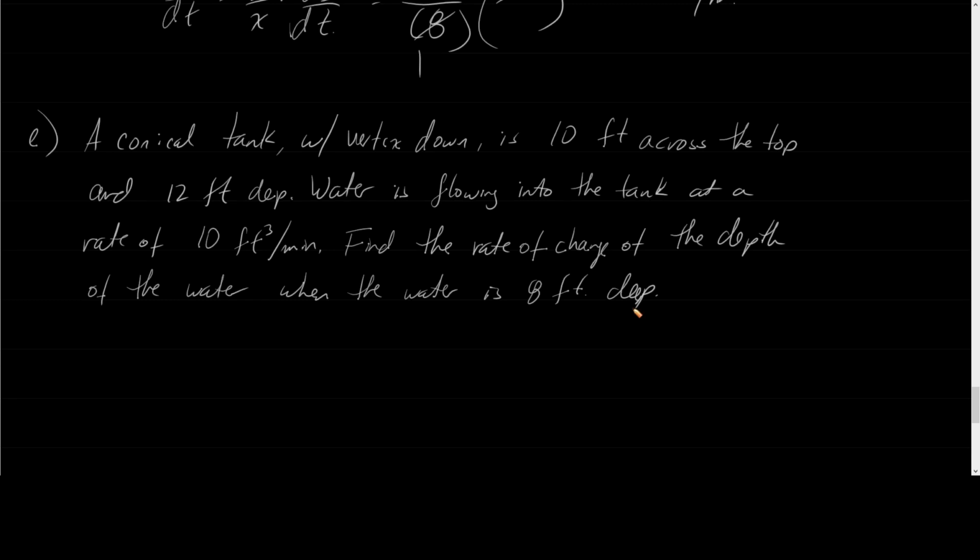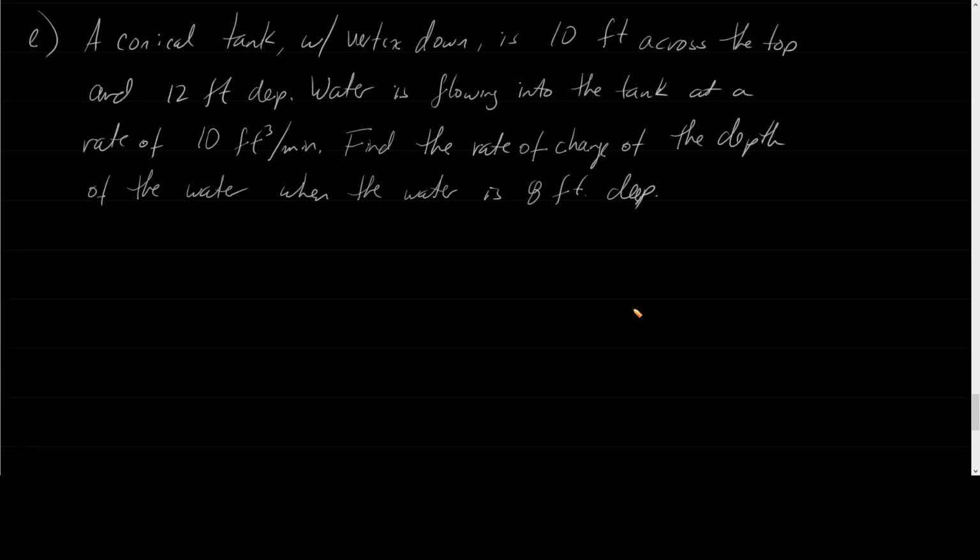Okay. So let's get a visual for this. It says a conical tank with vertex down. So we're working with a cone. So can I draw a cone? Look at that beautiful cone. So in this cone, what do we know about it?